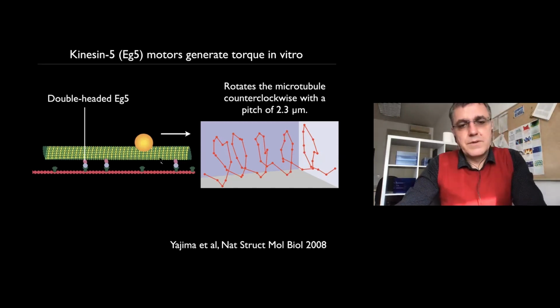In this study, the authors have a surface coated with Kinesin 5 molecules, and they have microtubules that glide on these motors, and they have this probe. What the authors found is that this probe is moving to the right here, and while it's moving, this probe was also rotating in a helical manner. So this Kinesin 5 is indeed one candidate for generating twists in spindles.